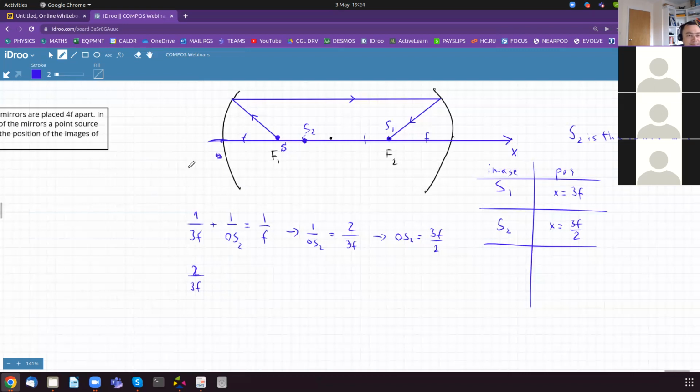No, sorry. We need the image of S2 in the right mirror.